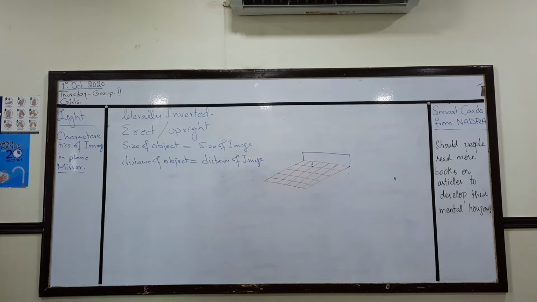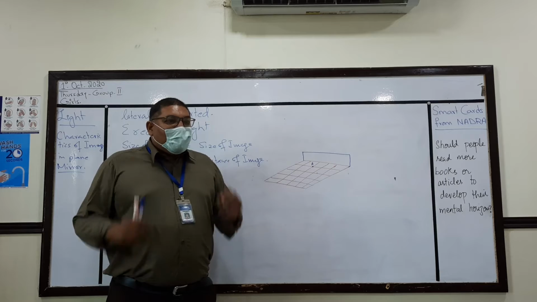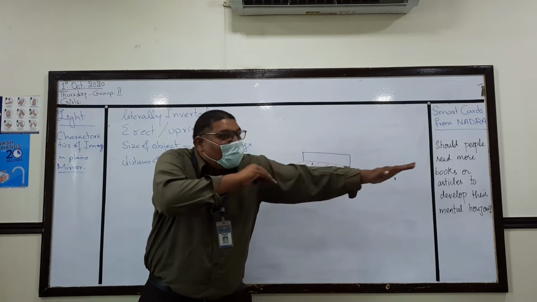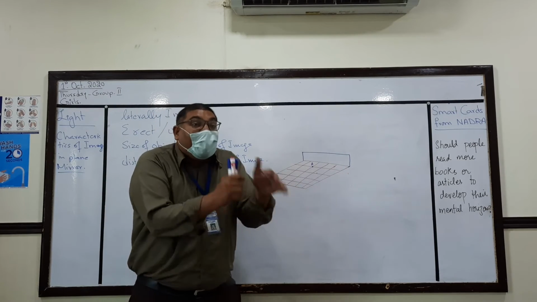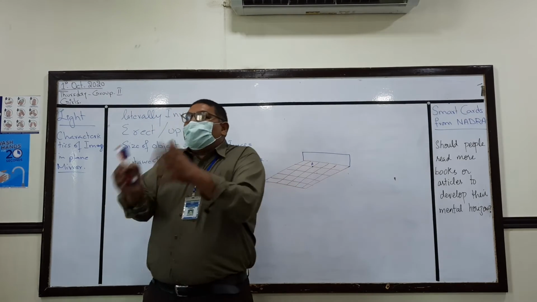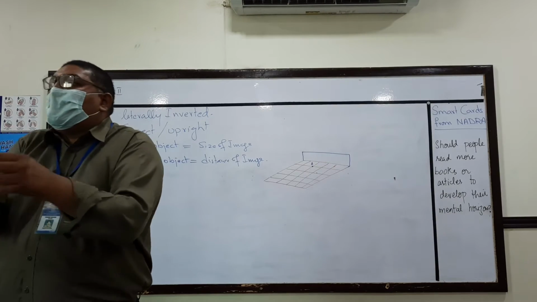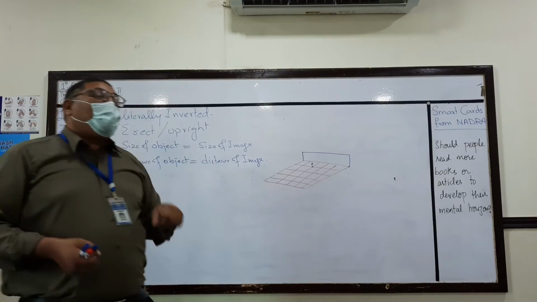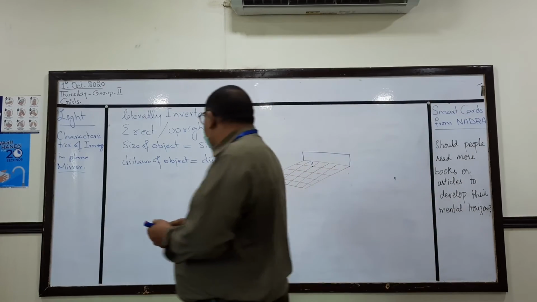When you look at the image of this pin in the mirror, look carefully. The image will also have a grid. The image will show pin A, and from the grid in the image, you can tell its distance will be also how much? 1 centimeter.